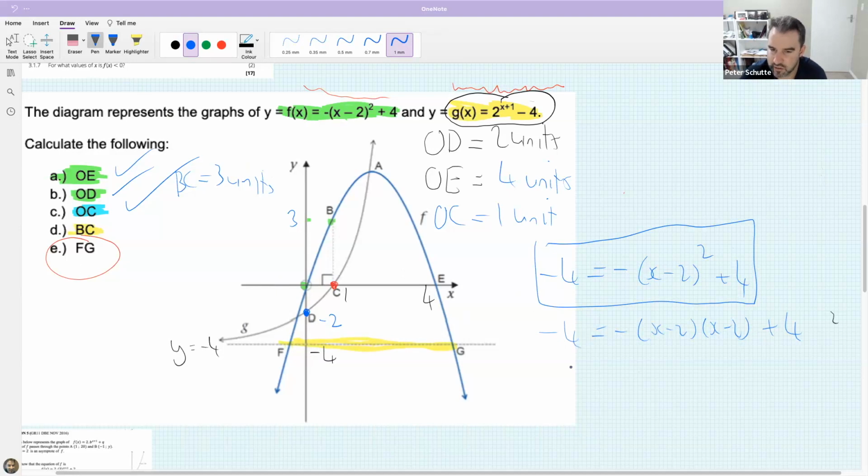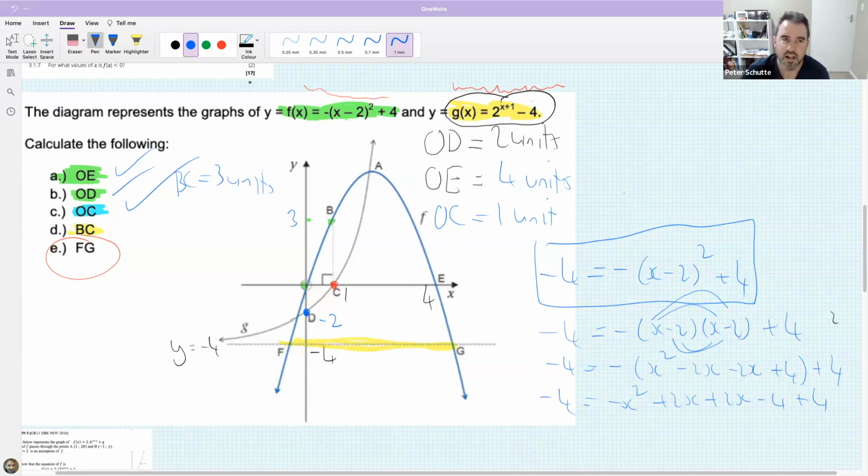So the longer way is to literally just multiply it out, where you get minus 2x plus 4. And then that's also going to be a plus 4. And then we're going to get minus x squared plus 2x minus 4 plus 4. And then what do we have? We'll bring this across and we get minus x squared plus 4x plus 4.